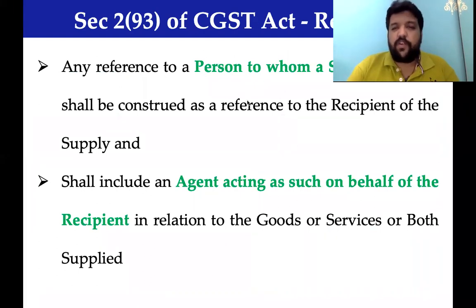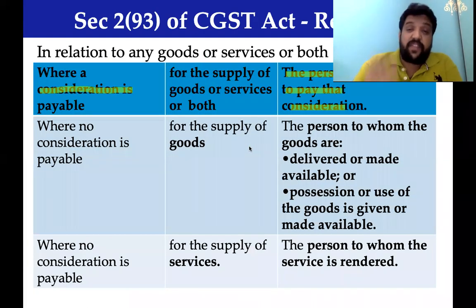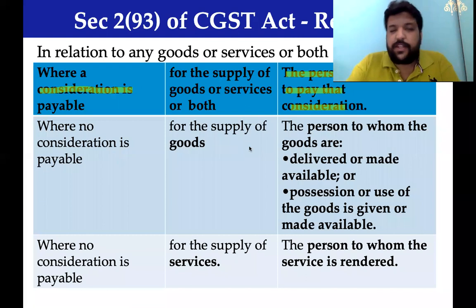Any person to whom a supply is made shall be considered as the recipient of supply. So any person who receives the services or the goods, and if they are liable to pay a consideration, then no doubt they would be treated as recipient.